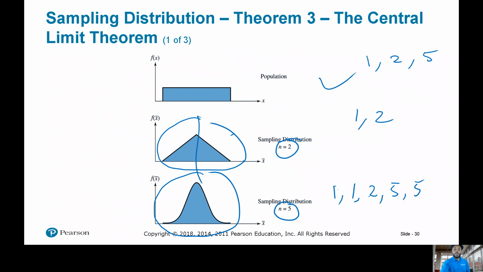Now we can generate multiple samples, that will be 2 to the power of 5, and then compute the distributions. Let me take this away for now. What I'm just trying to show here is typically what we mean by a sample.